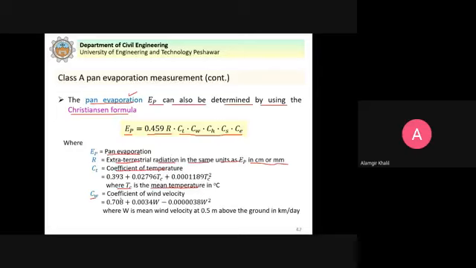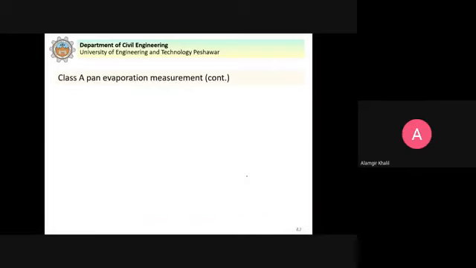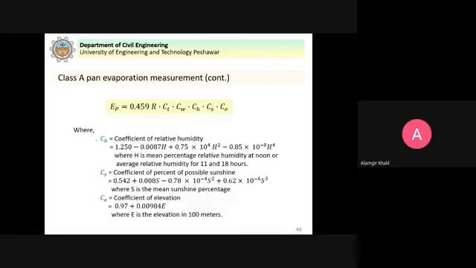CW is the coefficient of wind velocity. It can be calculated from this equation, where W is the mean wind velocity at 0.5 meter above the ground in kilometer per day. CH, the coefficient of relative humidity, can be calculated from this equation, where H is the mean percentage relative humidity at noon or average relative humidity for 11 and 18 hours.